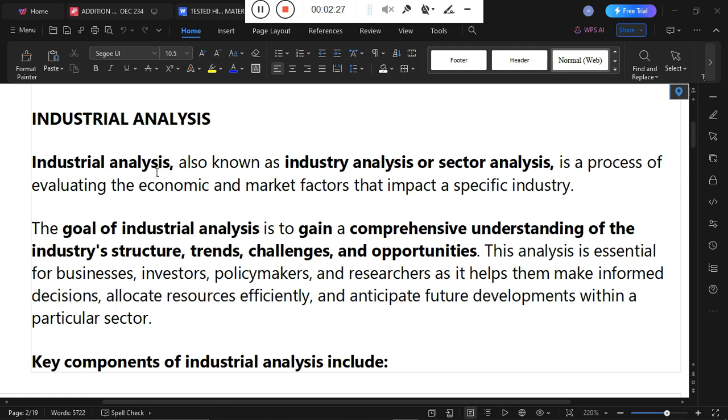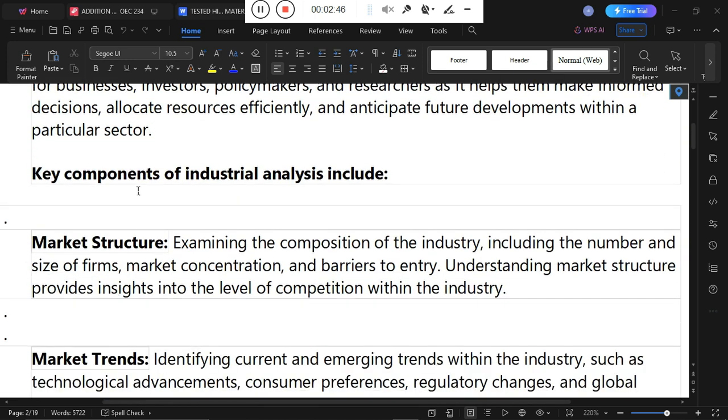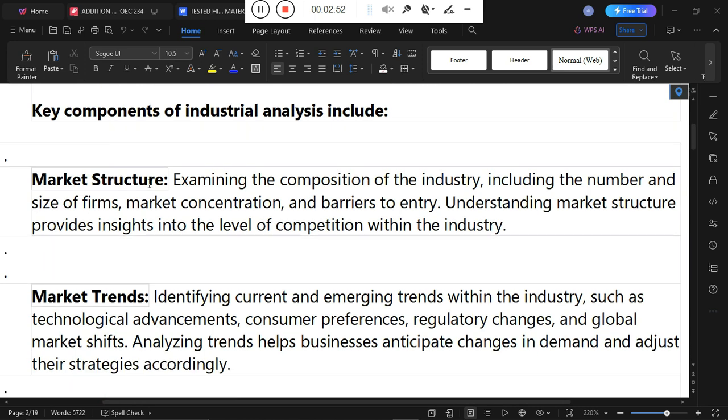So as an investor or policymaker, you cannot come up with bigger decisions or the right decisions or greater choices without understanding industrial analysis comprehensively. So you, as an investor, policymaker or researcher, must be capable of understanding the knowledge, the structure, the trends, together with the challenges and the opportunities that encompass the industrial system.